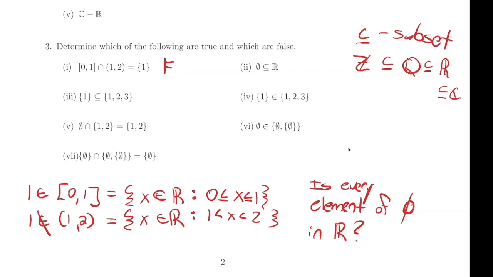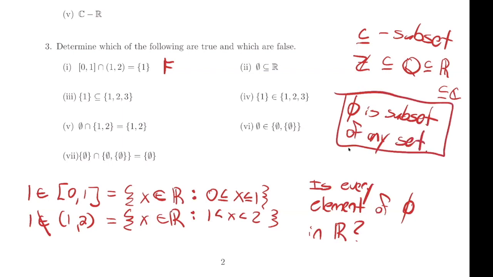Well, the empty set has no elements, so every element of the empty set, which is none of them, are indeed in R. So the empty set is a subset of every single set that you can imagine. So this one would be true.